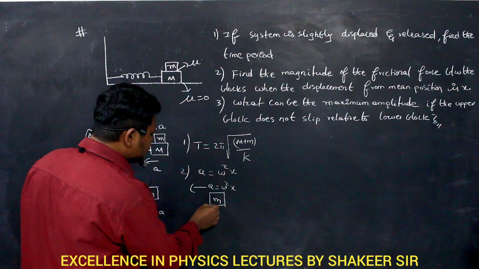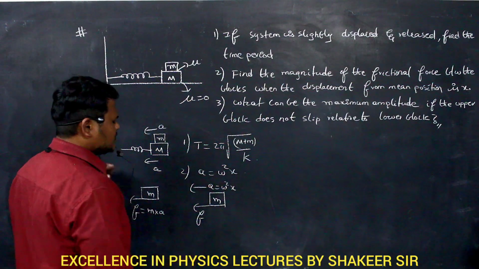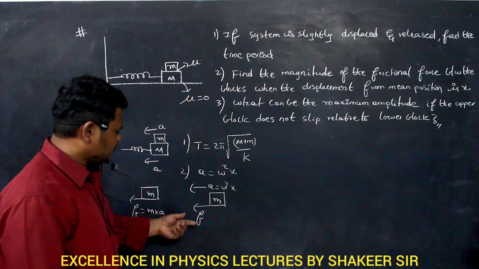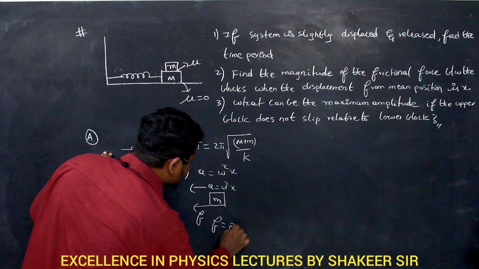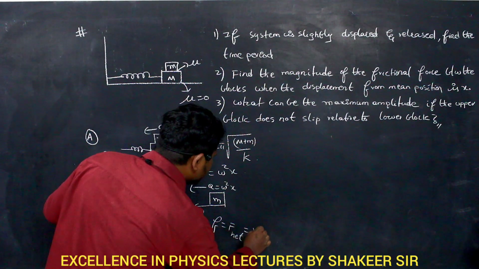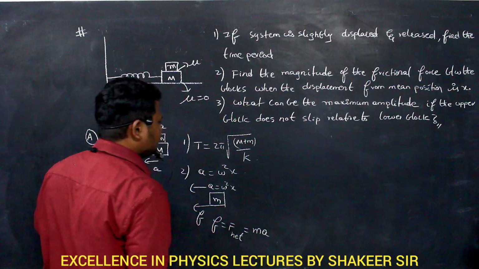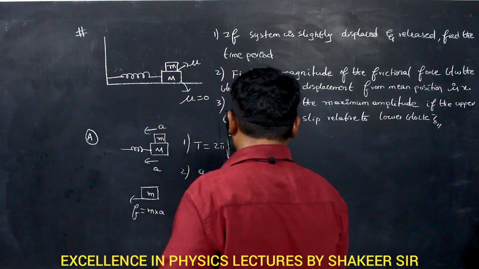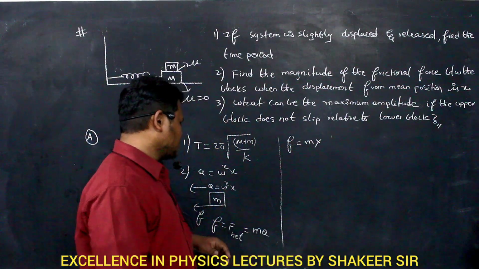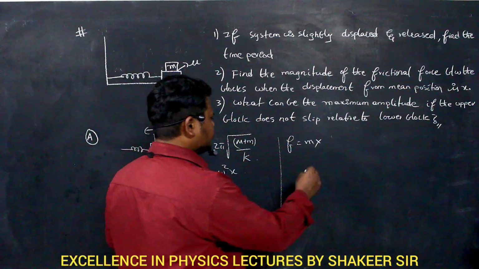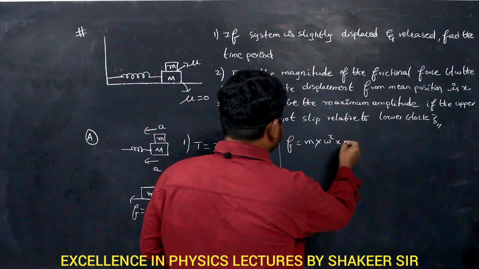And who provides this acceleration? Friction provides this acceleration. Clear? So therefore, how can I write friction? Friction is the net force acting on this small m, and this is equal to mass into acceleration. Clear? So therefore friction is equal to mass into acceleration, which can be written as omega square into x. So m omega square into x. Clear?